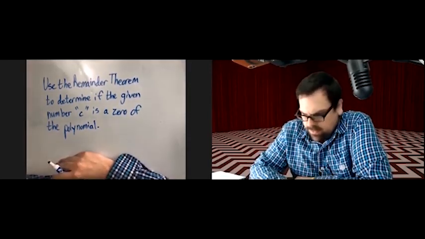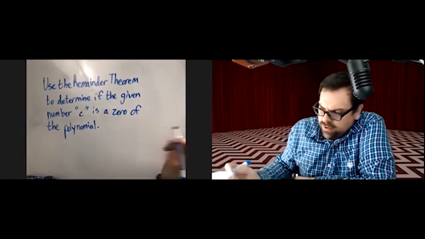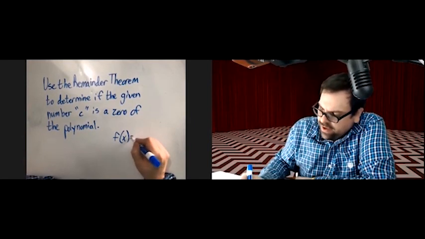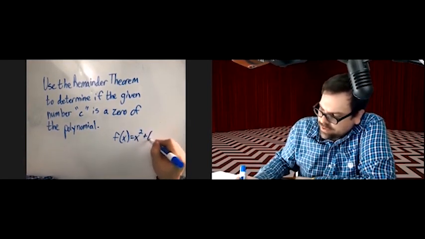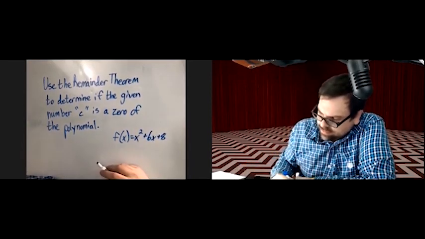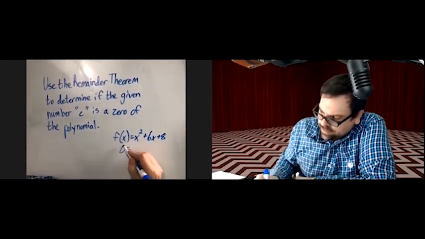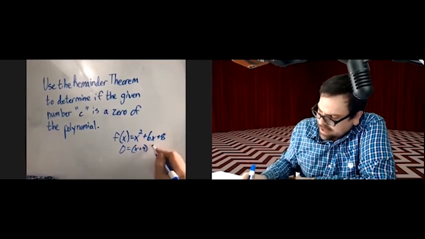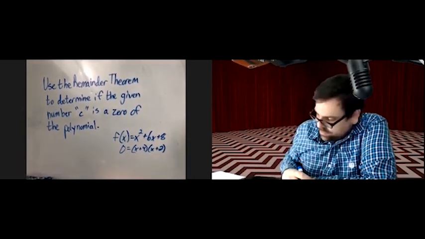What does it mean? Well, if we had the polynomial, say, f of x equals x squared plus 6x plus 8, we can factor and set equal to 0. This is x plus 4 times x plus 2.